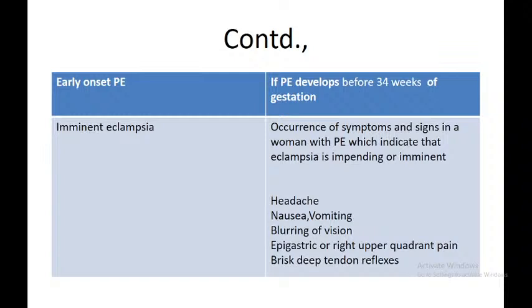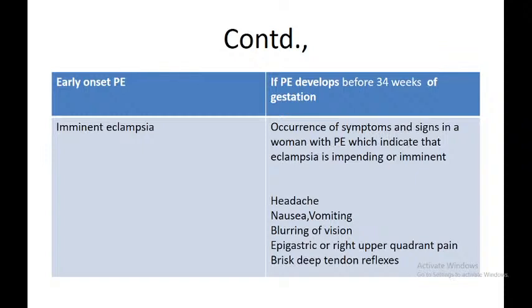And there is another entity called imminent eclampsia. So this is nothing but occurrence of signs and symptoms in a woman diagnosed with pre-eclampsia, and these signs and symptoms indicate that the seizures or the convulsions are impending or imminent. So usually we consider symptoms and signs like headache, nausea, vomiting, blurring of vision, oliguria, epigastric or right upper quadrant pain, or brisk deep tendon reflexes.